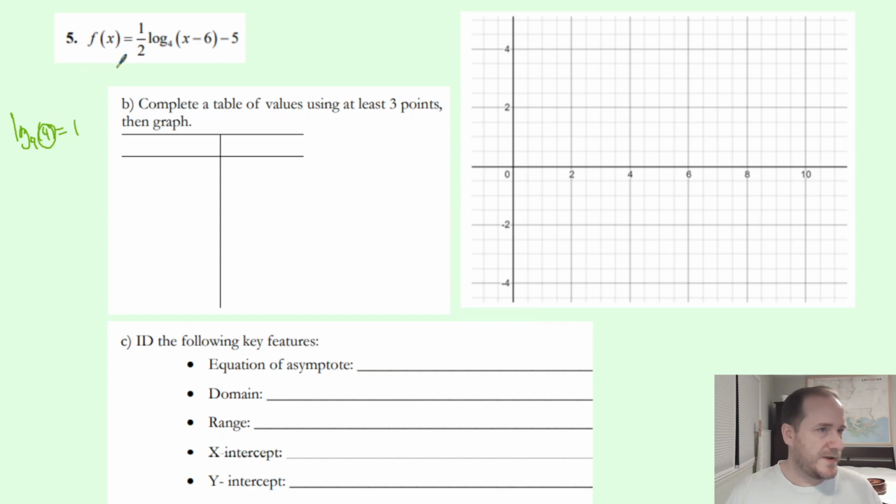So 4 would be a wonderful choice. And who else? I mean, log base 4 of 16 sounds good in theory. Certainly easy to evaluate. It's 2. But think about 16. 16 is a big number. And for this problem, X would actually have to be 16 plus 6, which is 22. 22 is not going to be on most grids, right?